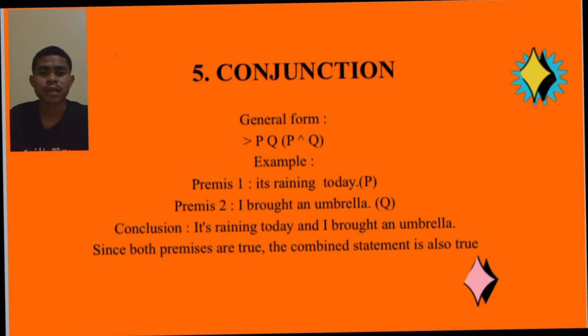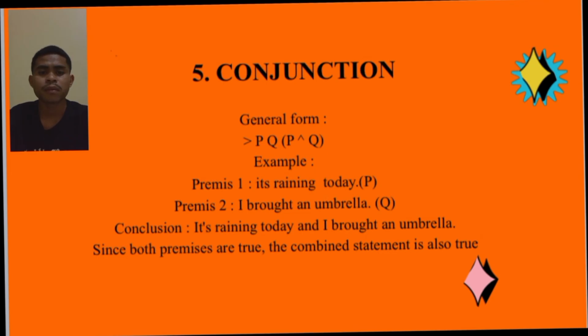Slide 3. Example of a conjunction. Let's look at an example to make this clear. Premise 1, P: it is raining today. True.